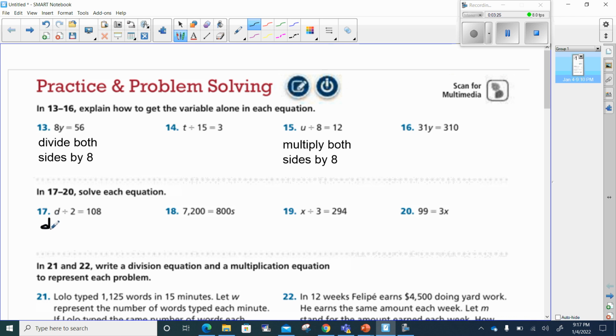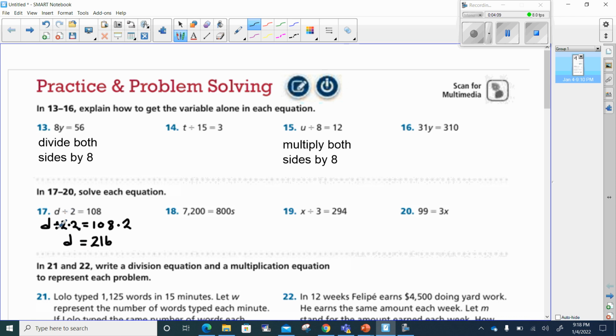We have d, and then we have divided by 2, and then multiplied by 2. And we all know that that's going to give us 1 because 2 times 2, and then we're dividing it by 2. This is half a d, and then we're multiplying by 2, we're going to get the same thing. So that means we have to multiply 108 times 2. 108 times 2 is going to give me 216. So d is going to be 216.